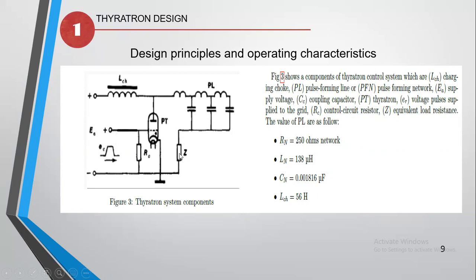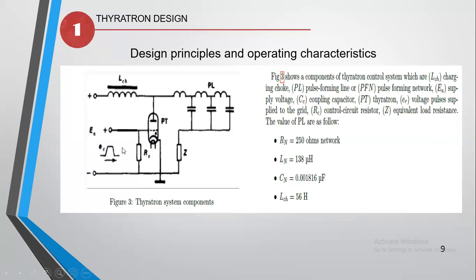Here's the DC load, and here is the PFL or pulse forming line, or pulse forming network, to ensure a constant DC power to the load. In this PFL we will use a 250 ohm network. The inductor will be 138 microhenry, and the capacitor will be 0.001816 microfarad, and the inductor L here will be 56 henry.